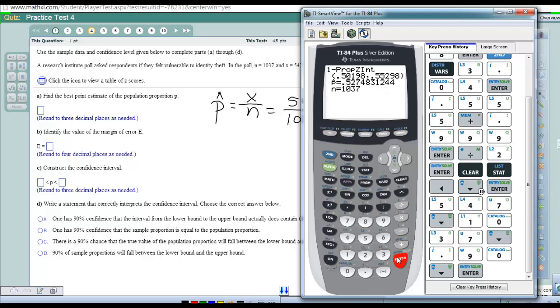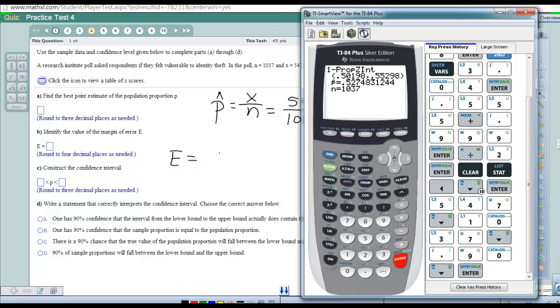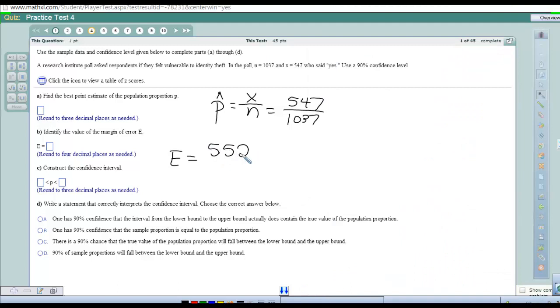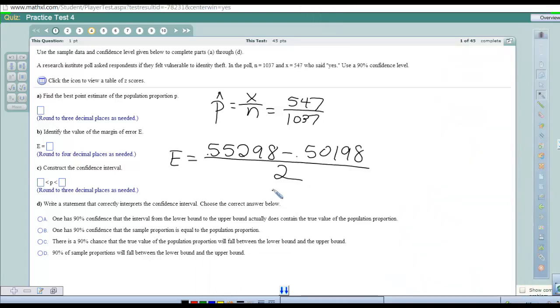To get the margin of error, we just said we do what? The margin of error is e equals 0.55298 minus 0.50198, all over 2. When we do that, we get 0.0255.